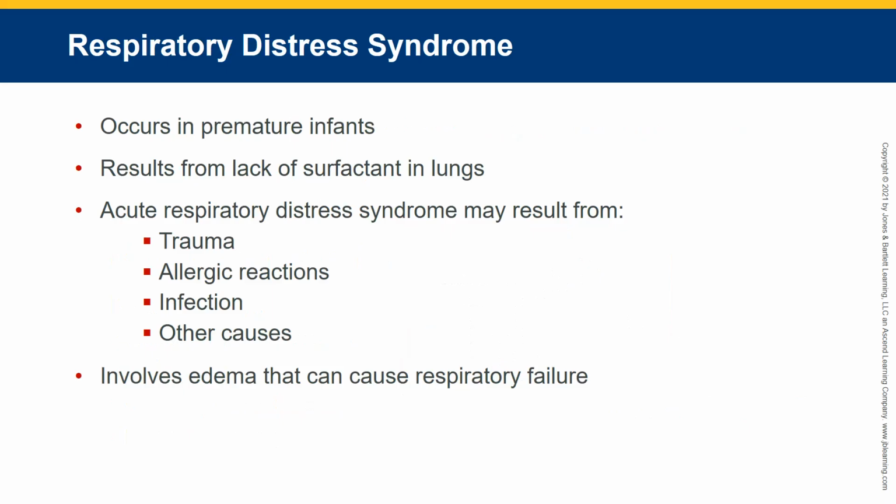Respiratory distress syndrome, RDS, we see this in newborns and infants, and it results from a lack of that surfactant, that soapy stuff that helps us to breathe appropriately and have that good compliance, right? And so we often see this, as I said, in little kids that are premature.